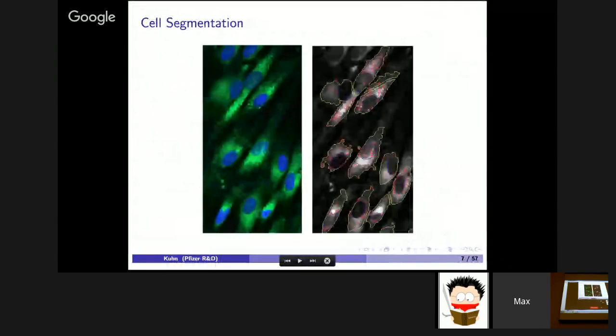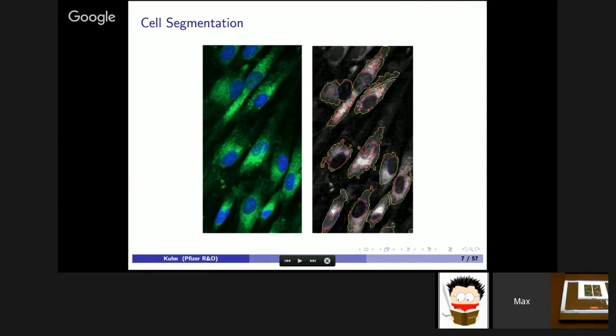All right, so I'm going to talk about some data in a few minutes, and I thought I'd preface that with a picture. Here are pictures of some cells, and on the left-hand side we have some fibroblasts. We stain these cells with a couple of different colors, and those stains highlight different portions of the cells when we take pictures of them.